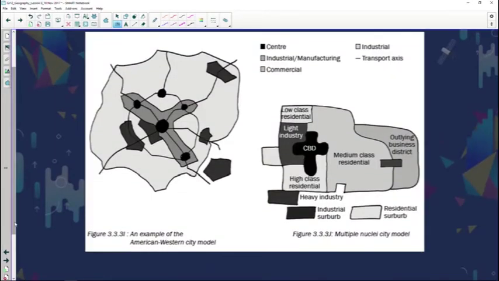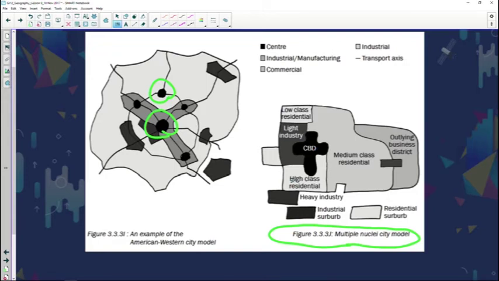Now, for the examples I want to show you, over there you can see the American Western city model. Please pay attention to the keys. That's your CBD over there. That's your outlying business districts over here. And as you can see, the light grey is your manufacturing, light industries taking place. But most of our cities are based on this model over there, the multiple nuclear model. As you can see, there's your CBD. If you look at the urban profile, very similar to that.